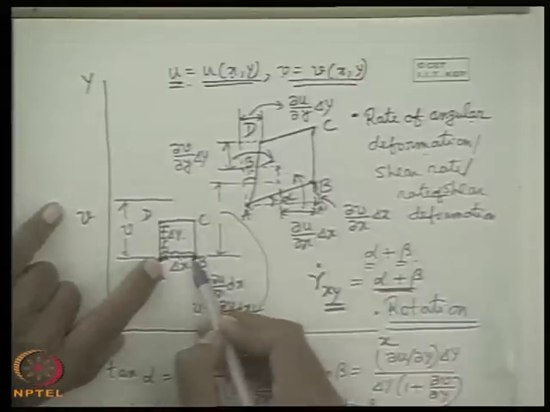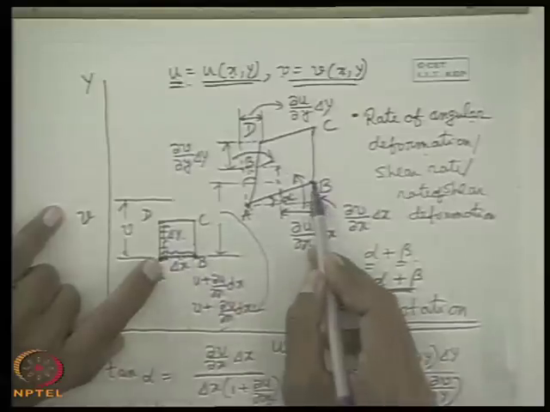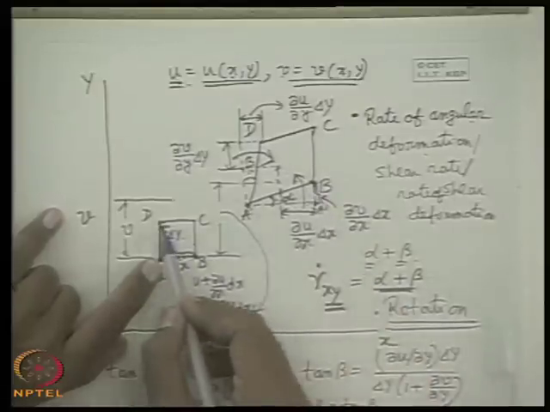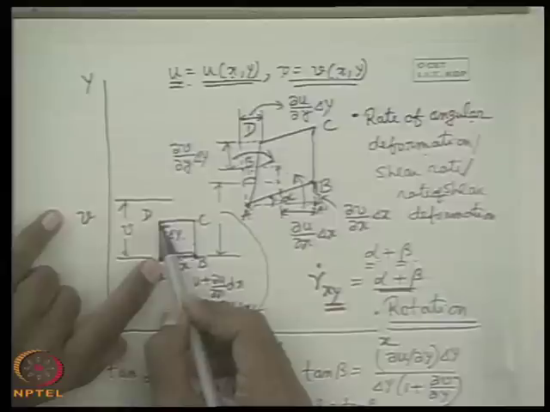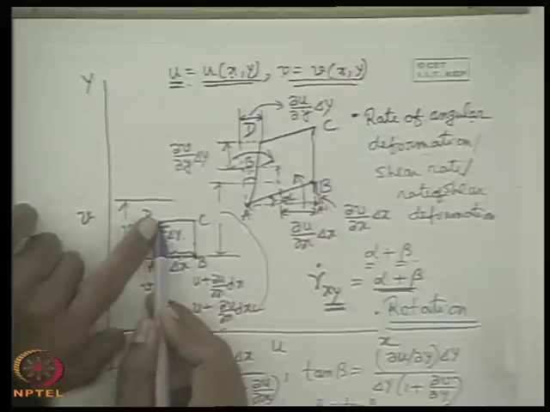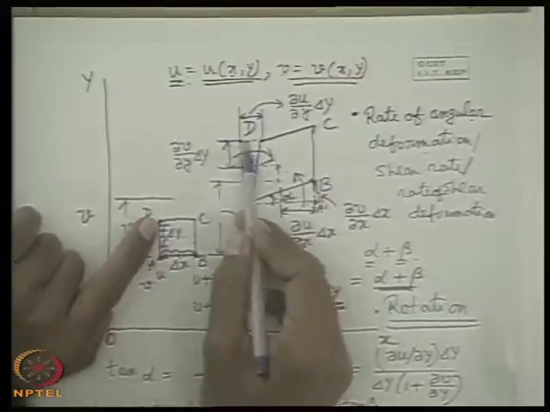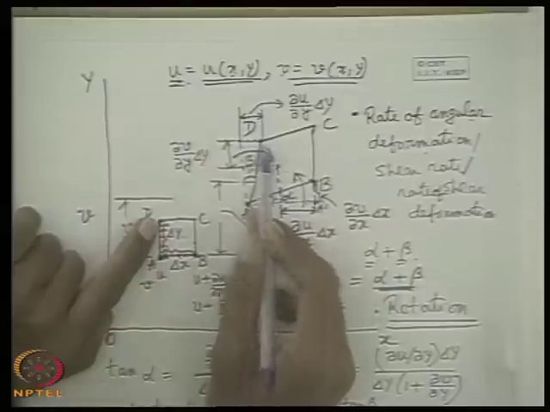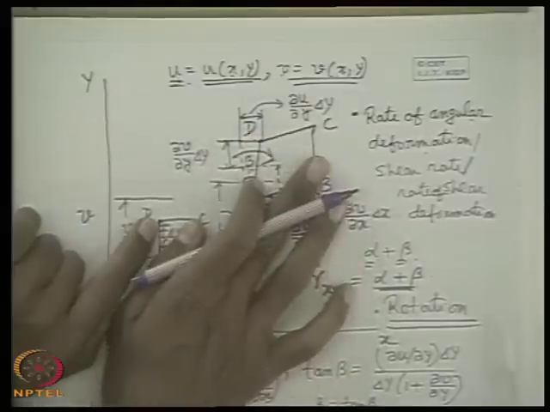That is why B has a displacement over A in the positive direction. Similarly, here we have considered the most general case of del u del y positive, that means the u velocity increases with increase in y. That means D has a displacement in the x direction over A in its positive direction, so that the sides have been displaced like that.